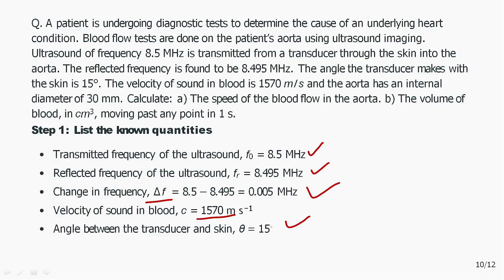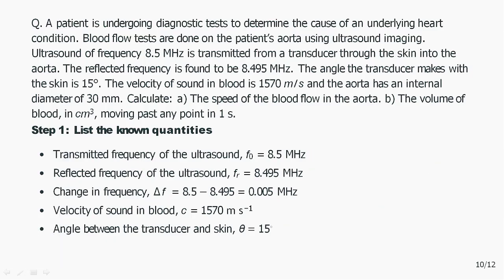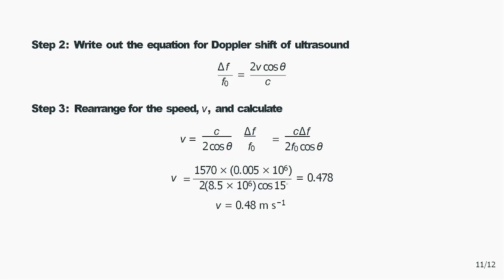Now we use the previous formula, delta F by F naught equals 2 V cos theta by C. By applying those values, we can calculate the velocity of blood inside the aorta. That is found to be 0.48 meters per second.